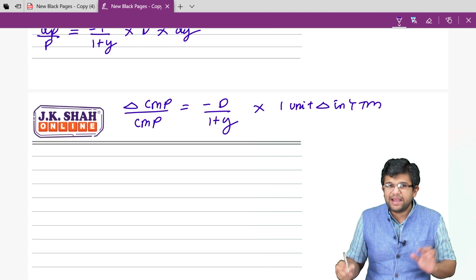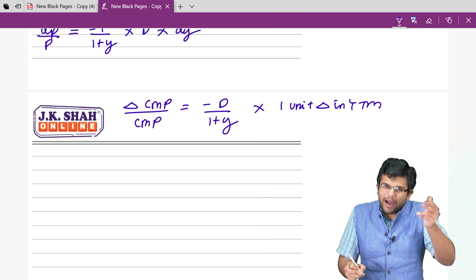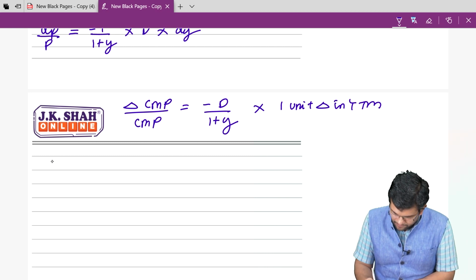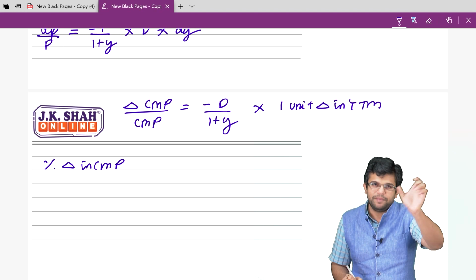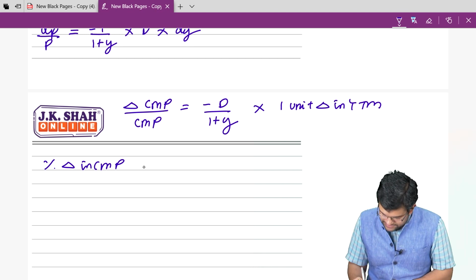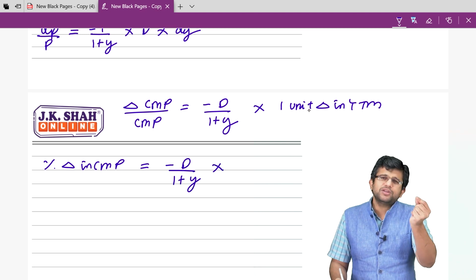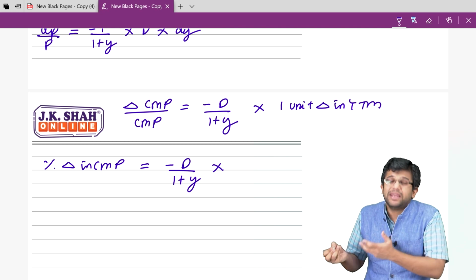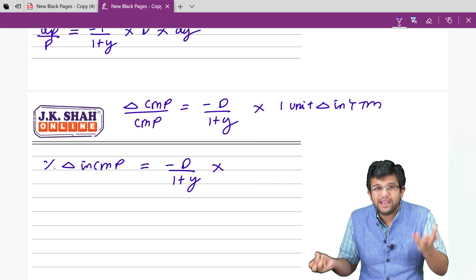Now, on the LHS, delta CMP upon CMP is nothing but percentage change in CMP. Do you understand? Delta CMP, change in price upon price, is nothing but the percentage change in price, is equal to minus d upon 1 plus y into, children, what is 1 unit of yield or YTM? It is 1%, right? It is not some rupees or kilograms. It is percent.